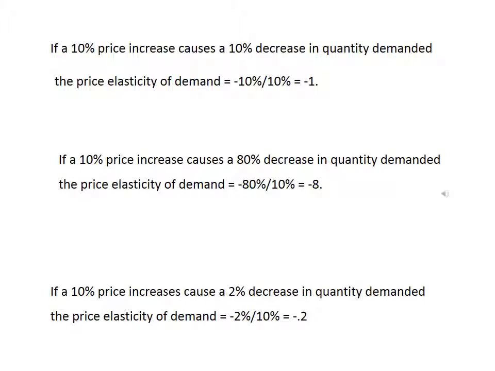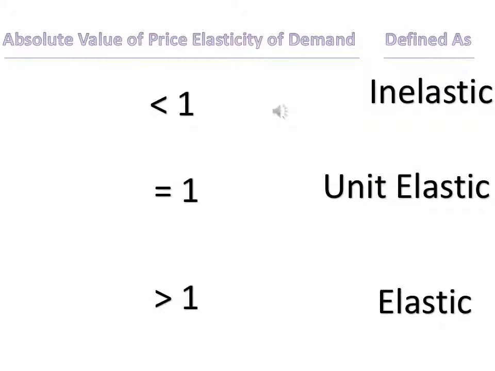So here a 10% price increase causes less than a 10% decrease in quantity demanded, and that's why the absolute value of this price elasticity of demand is less than 1. So the bigger the absolute value of the price elasticity of demand, the more responsive quantity demanded is to a change in price.